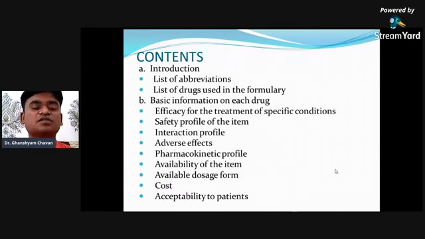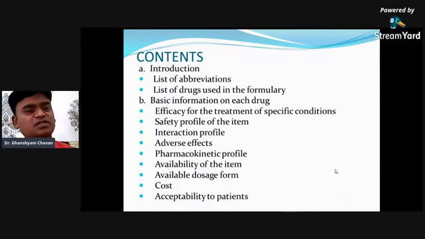There are specific abbreviations which are approved by the hospitals, by the medical professionals, and by the pharmacy professions. Only those abbreviations we should follow. We should not go for abbreviations which can be used by the physician on their own.